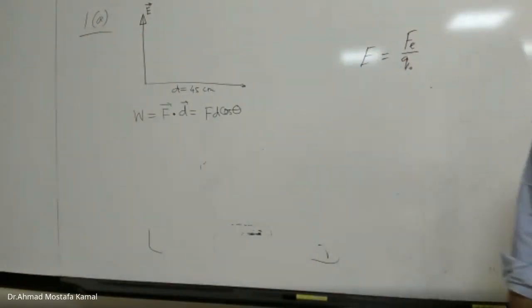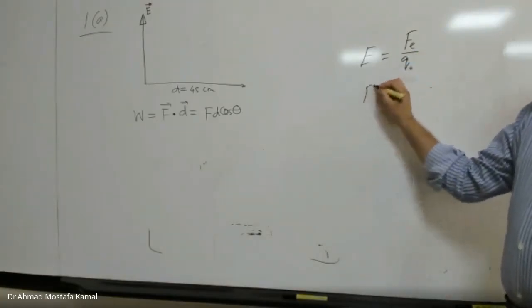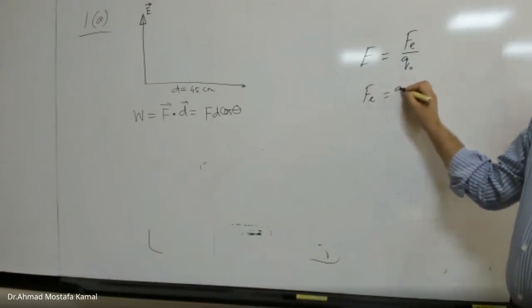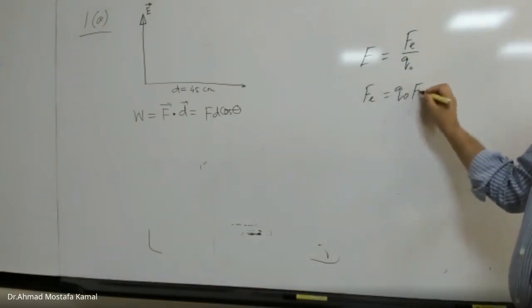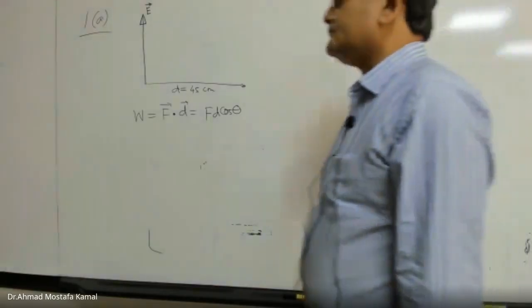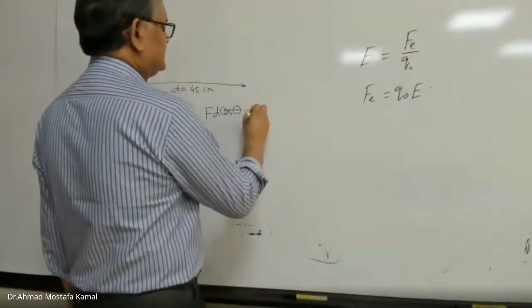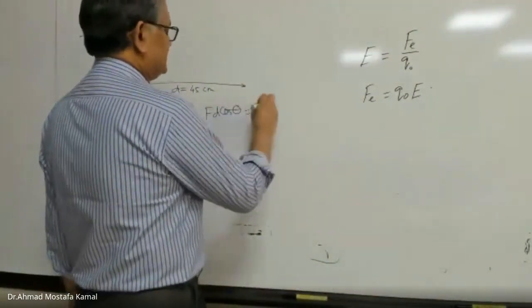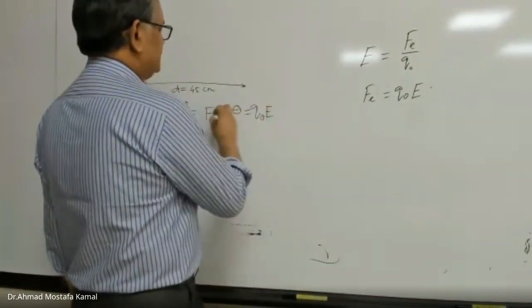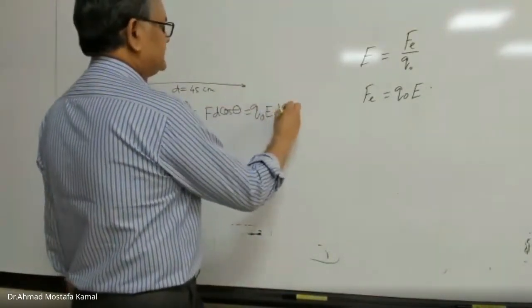So force equals Q naught E. So this is equal to Q naught E, then D, then cos theta.